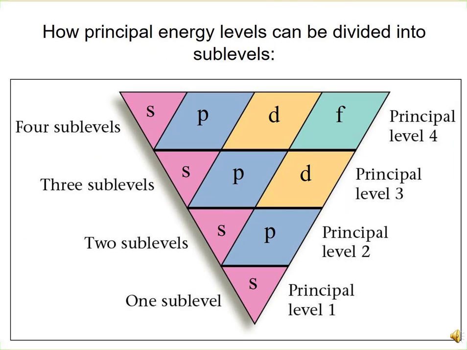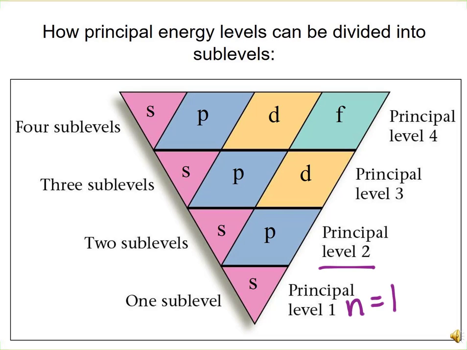So if you have your principal energy level n equals 1, or the first row on the periodic table, you can only have an s orbital. So that's just hydrogen and helium. So they are put into an s sublevel, and that ends up being 1 orbital. Principal level 2, however, I can have a 2s and a 2p.